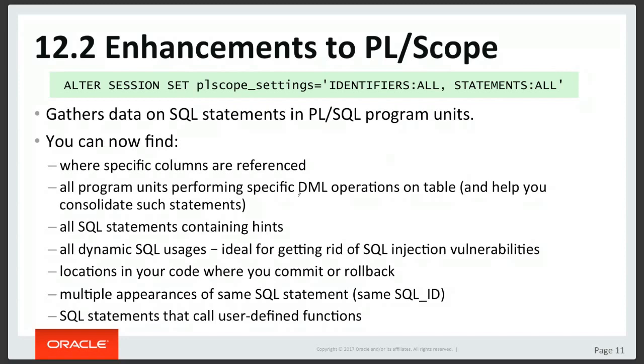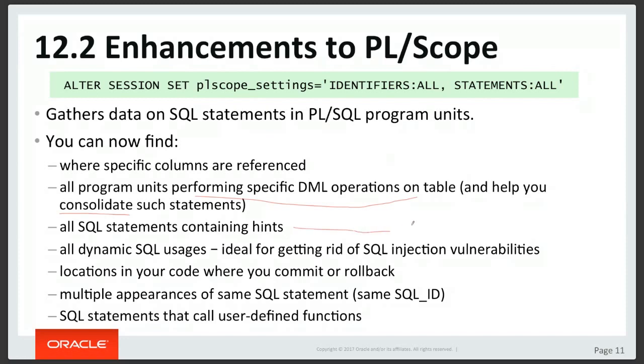But the bottom line is that if you're having a problem with how the data is being inserted into your table and values not being right, rather than have to look at 25 different inserts across your application, you should be able to go to that one procedure, add tracing, and get your answers very quickly. So find all the places that specific operations occur so you can consolidate such statements.